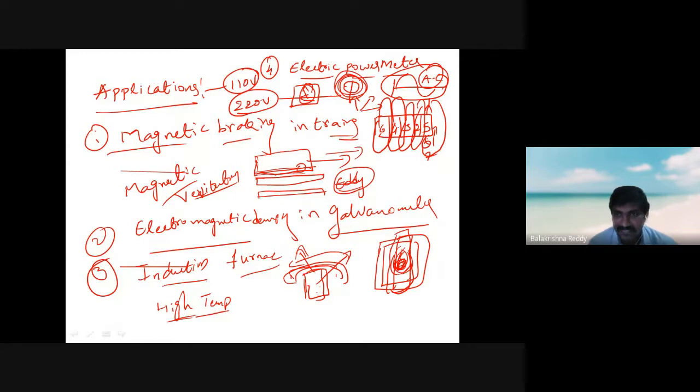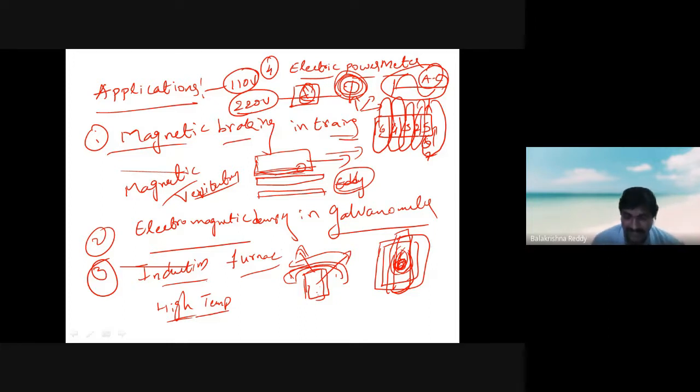Depending on the induced fields, opposite currents develop. The opposite current which develops is called eddy current. These eddy currents produce motion in the meters. How much current enters determines how the power meter works.